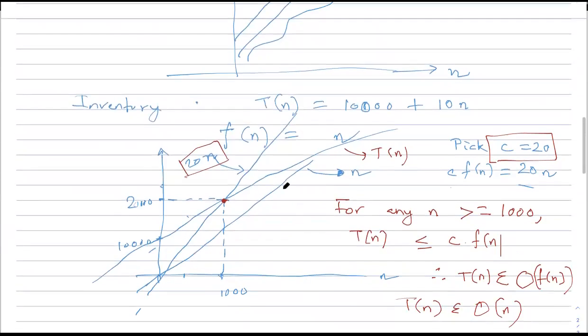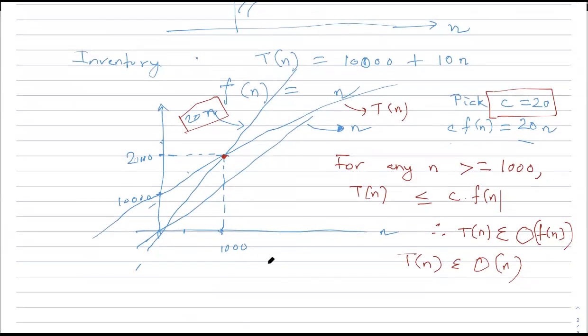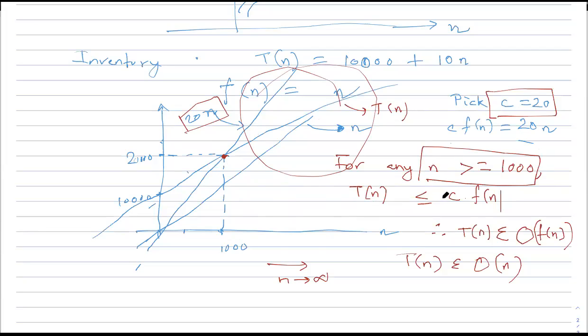Because after all, I'm interested in the large n, right? So n tending to infinity. So my interest is in large n, right? So what happens beyond some big number? So I just want to establish first conceptually what we are trying to do here. So for us, that n becoming large is the key for us to analyze the complexity.